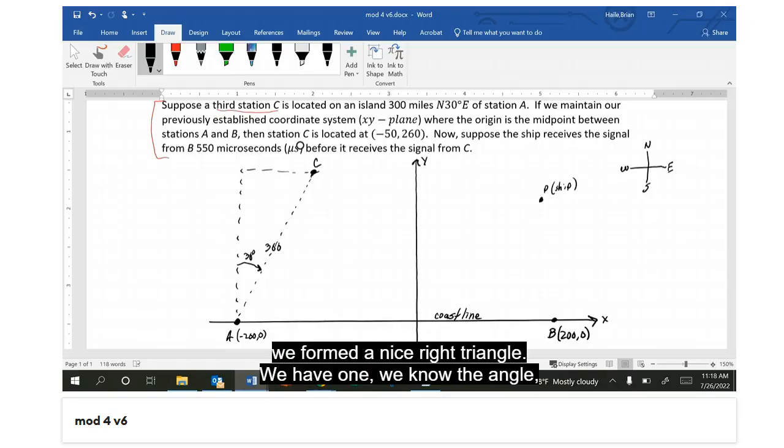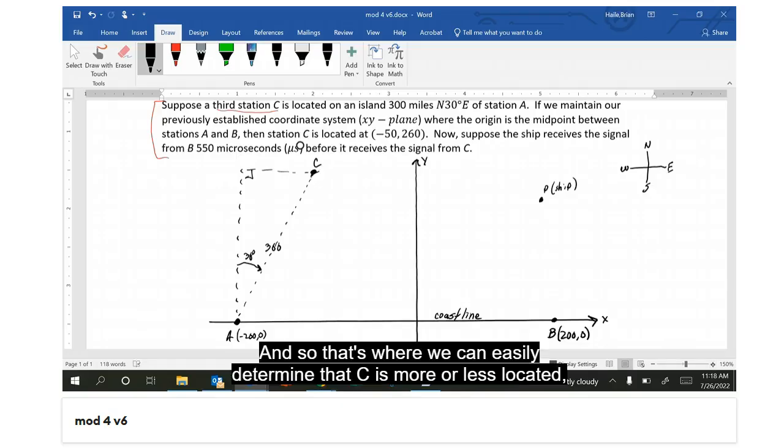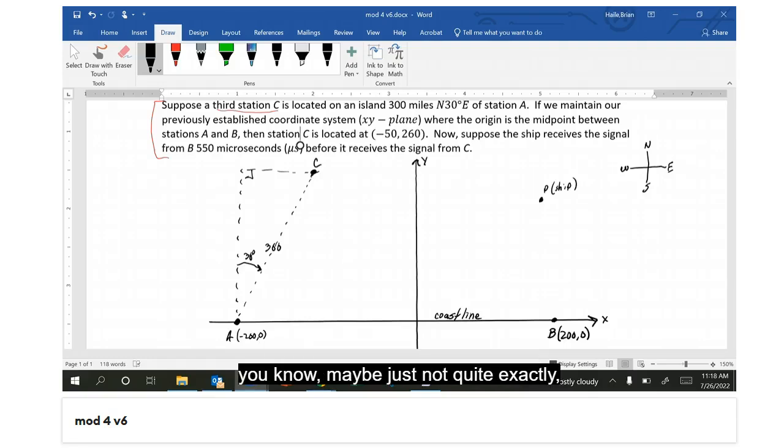With this, we form a nice right triangle. We know the angle, we know the hypotenuse, and so we can easily determine that C is more or less located at this point, minus 50, 260, as I've indicated right here.